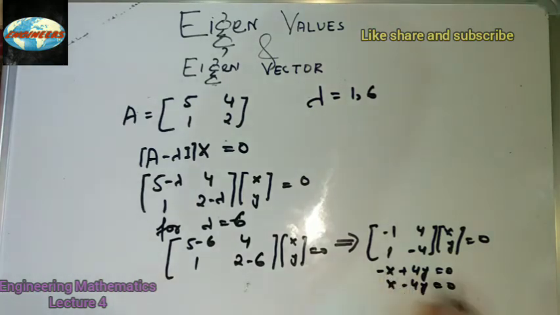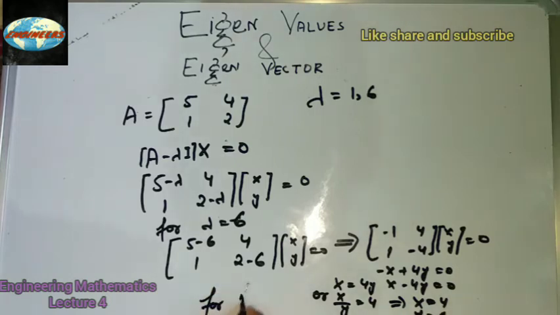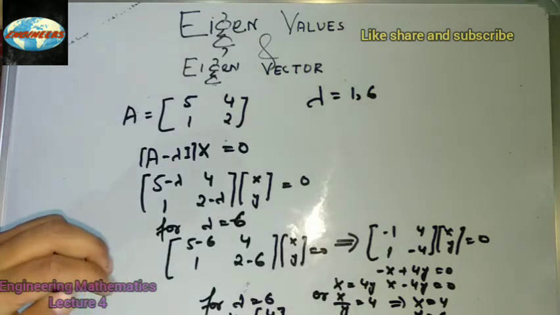From it, x is equal to 4y, or we can say x by y is equal to 4. So if x is equal to 4, then y is equal to 1. So for lambda equal to 6, our eigenvector x will be (4, 1). This will be the eigenvector in that case.